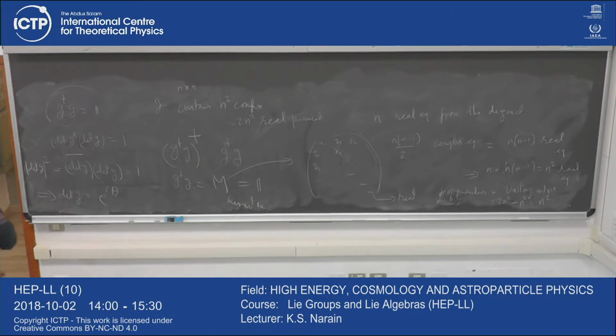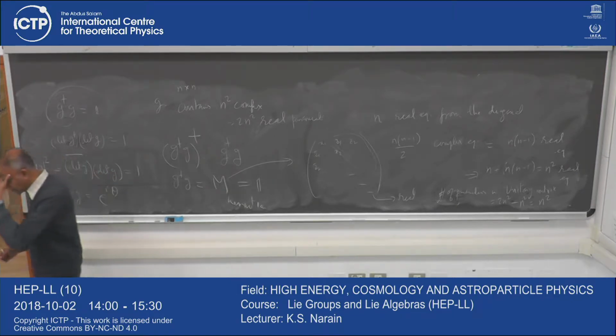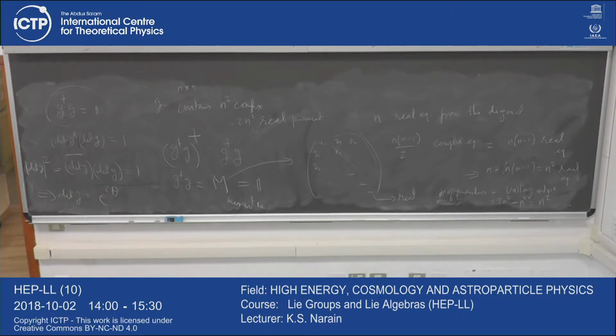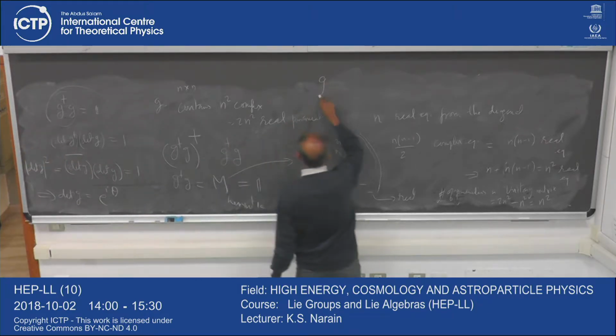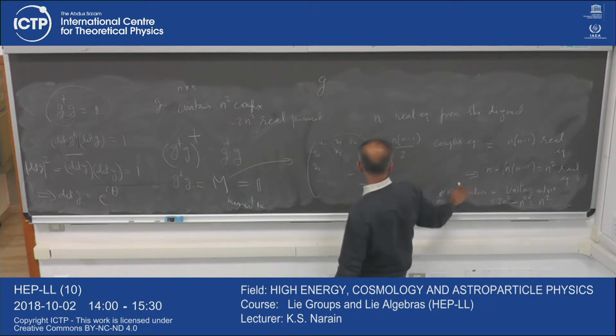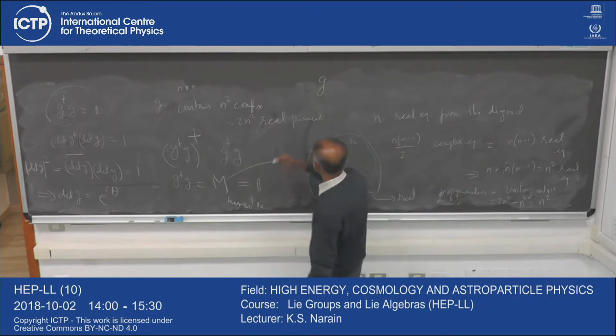And your question, if I understand it, is: is it really a smooth space? You can see that if I just choose any particular g which satisfies this condition, can I change the parameters continuously? That is possible because you can just multiply that g with the exponential of the Lie algebra. g is some particular unitary matrix with determinant equal to 1.